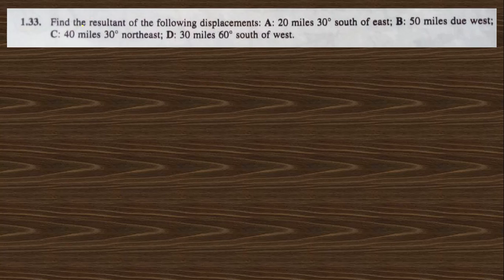Next, find the resultant of the following displacements. These are the four displacements. We want to find out the resultant of these. For A, the vector is 20 miles, 30 degrees south of east.